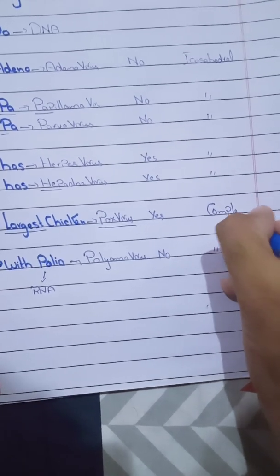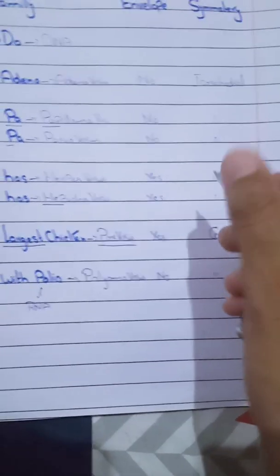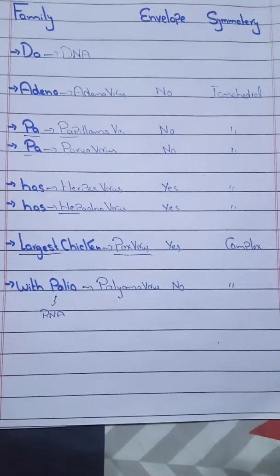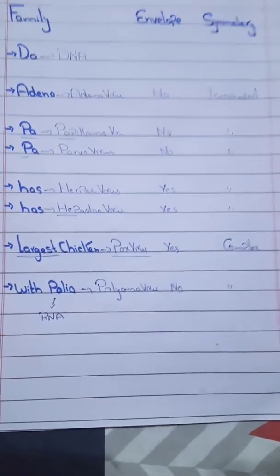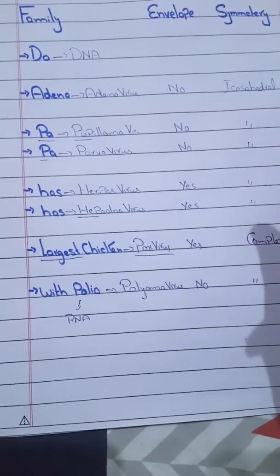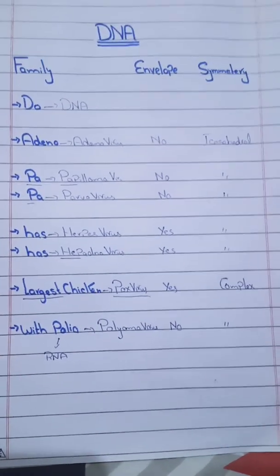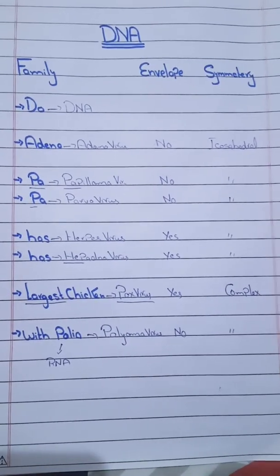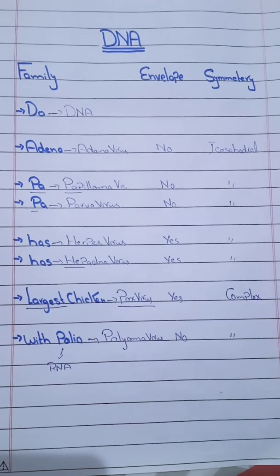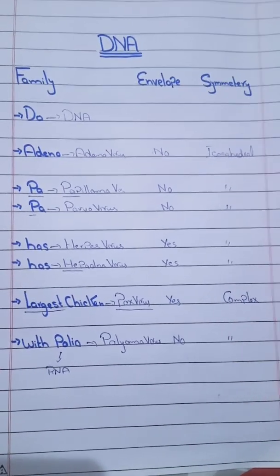So we do not include pox virus as icosahedral. This is the largest virus and it has the most complicated structure and symmetry, right? So these are the very simple mnemonics of the DNA viruses. I hope you will remember them and benefit from them.